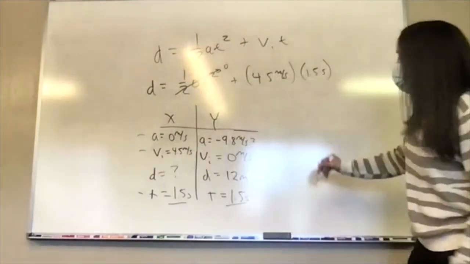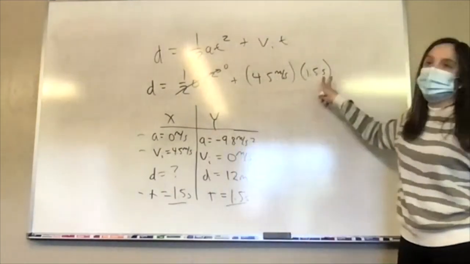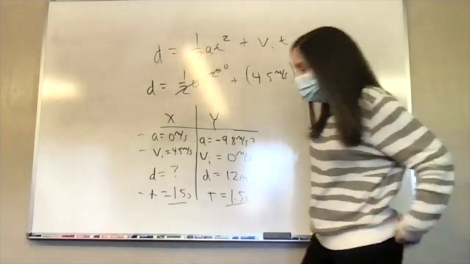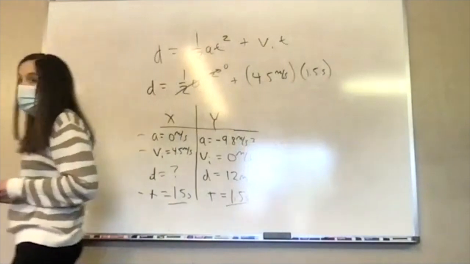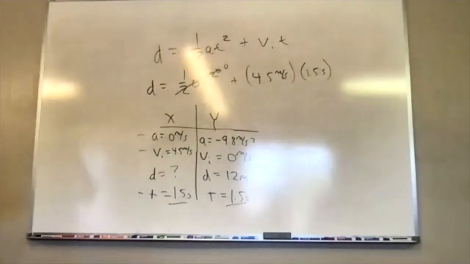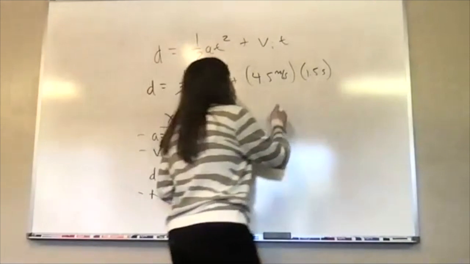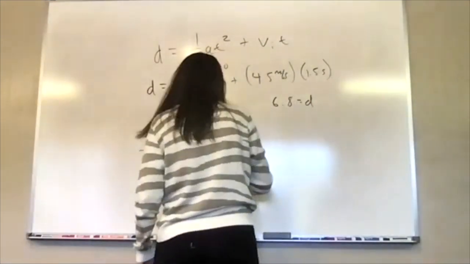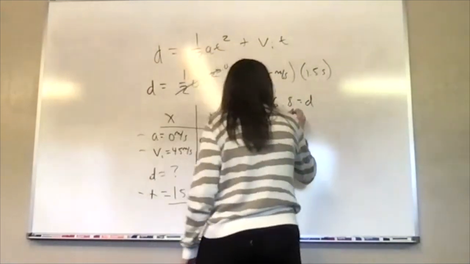So all I'm going to do really is just multiply 4.5 times 1.5. That gives us the distance that you traveled forward. Yeah, 6.8. So she went 6.8 meters forward.